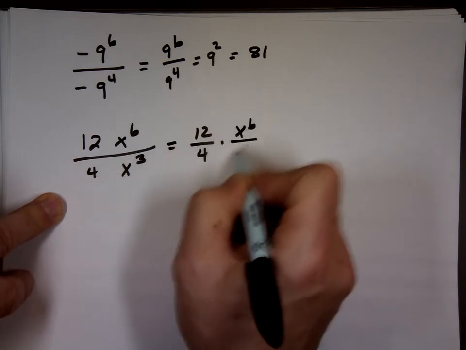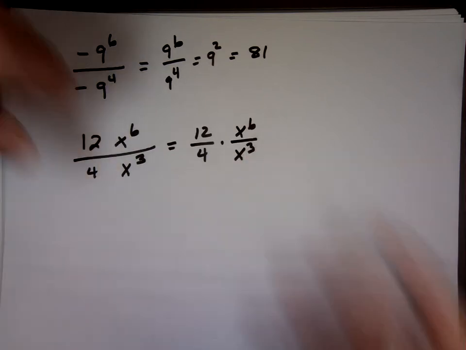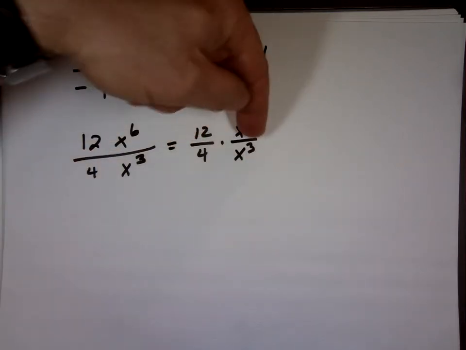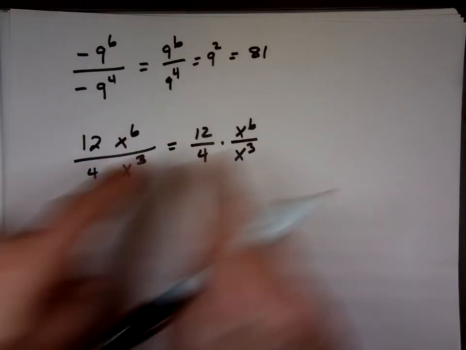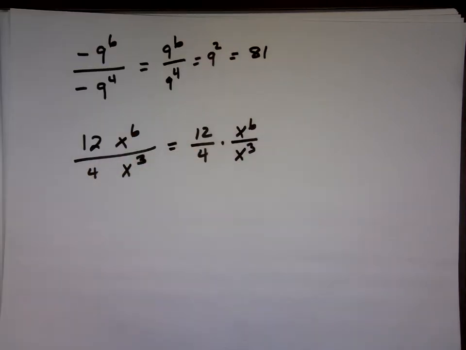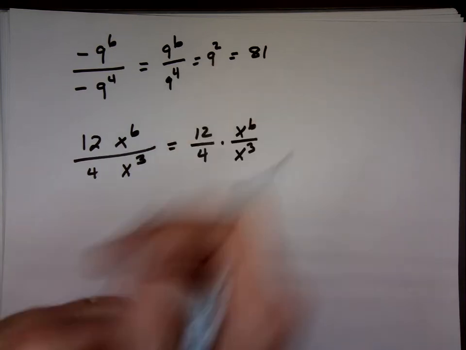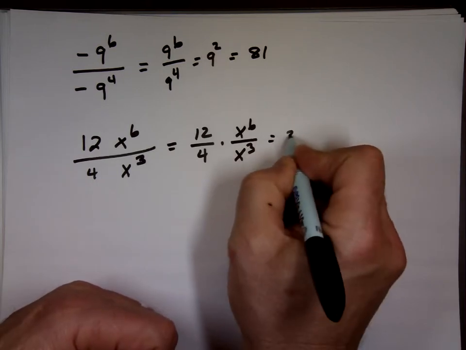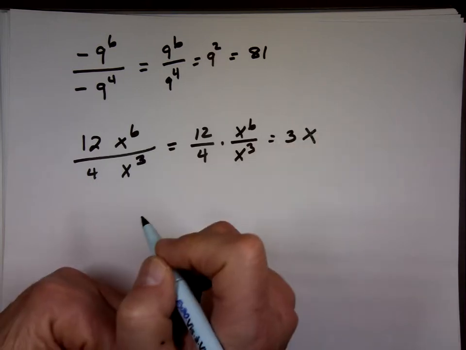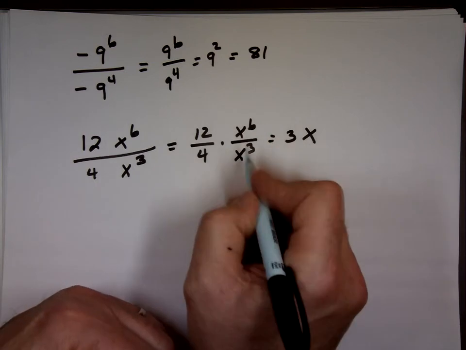If you remember in fractions, when you multiply, the top times the top, the bottom times the bottom. So you end up with this on the bottom, this on the top. So I decided to do it backward here. Can you simplify 12 over 4? 3. That's a 3. X to what power? Subtract 6 minus 3, which is the third.